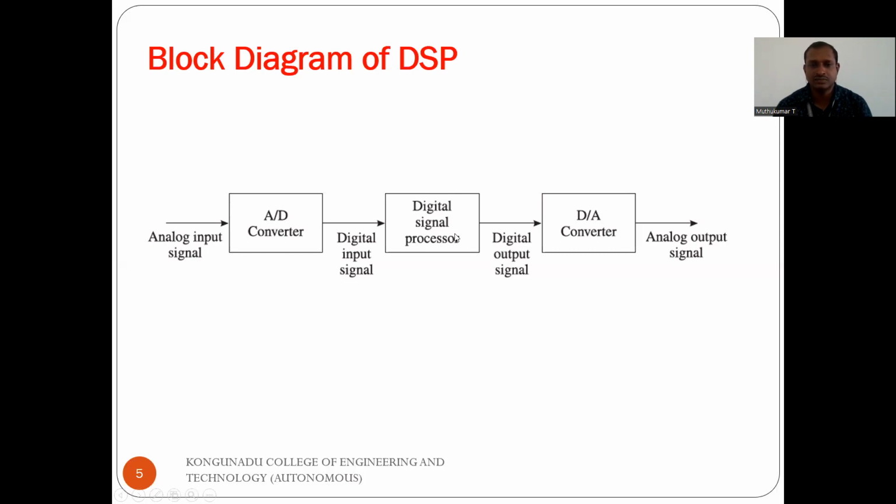The output of this DSP is a digital output. Again, we use the D to A converter to convert the digital output from the digital signal processor to an analog signal. Finally, we get the analog output signal. The analog to digital converter and the digital to analog converter are important parts of digital signal processing.